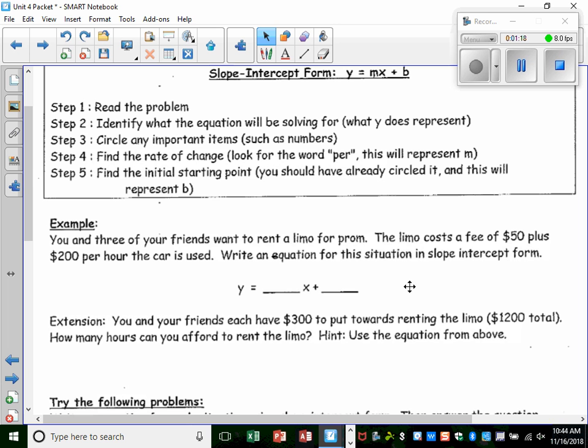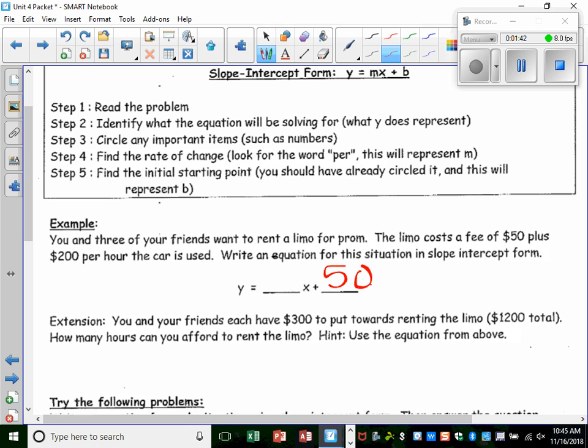So if we're looking at this problem, it says the limo has a fee of $50. That is not going to change. That's going to be your b, your constant, because that's a flat rate fee. So in this column I'm just going to put 50.